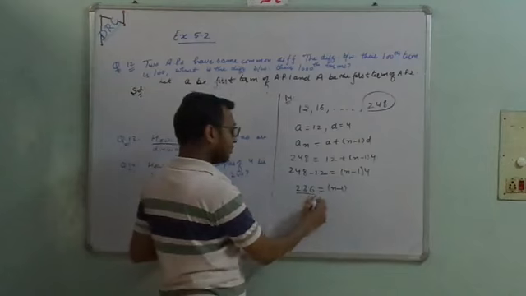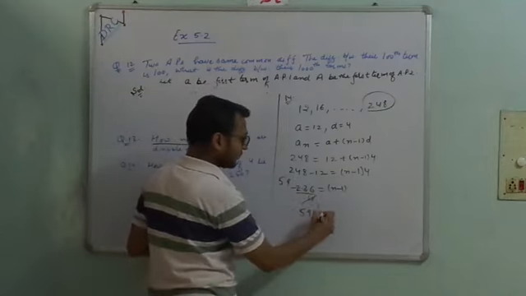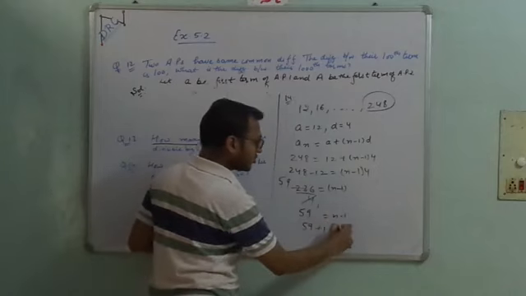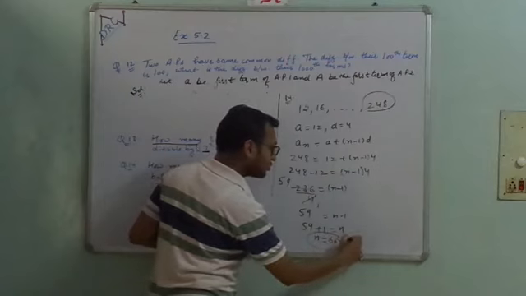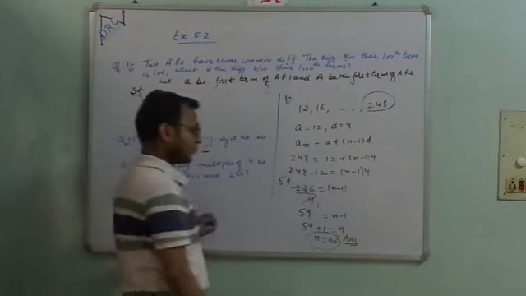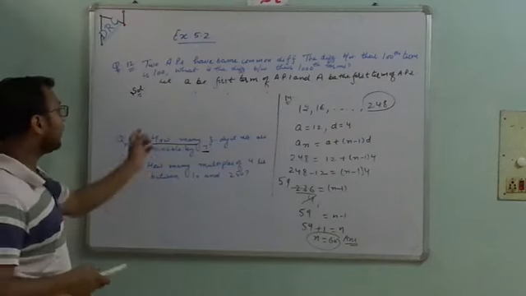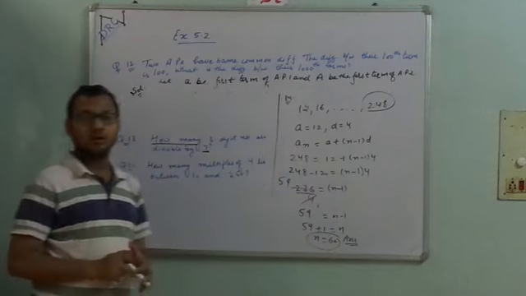So cancel, 59. ये माइनस 1 इधर आके प्लस होगा. So on solving I will get n is equal to 60. Okay students. So in this way we can solve this type of question where we have to find n. Okay students. Thank you.